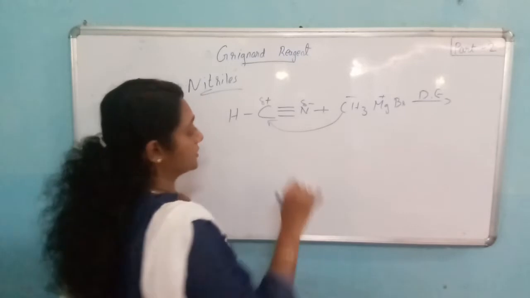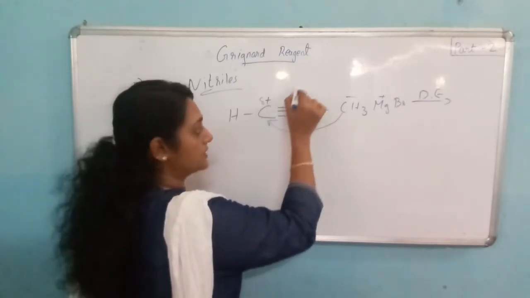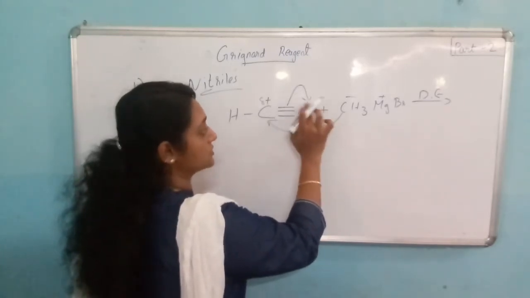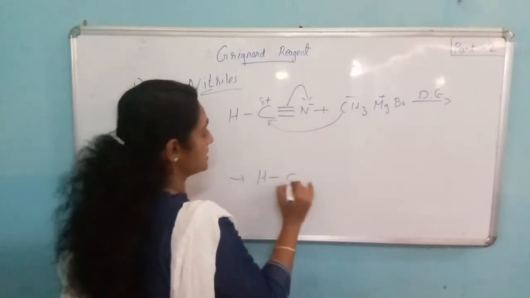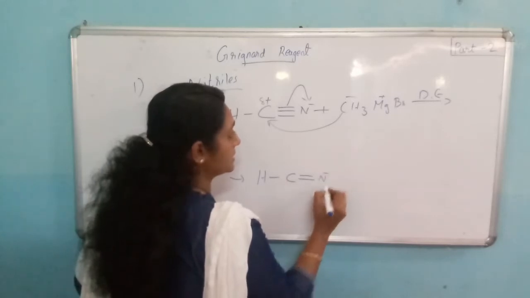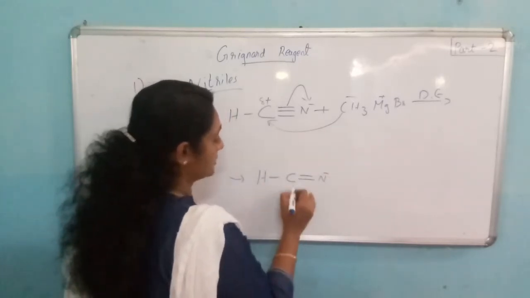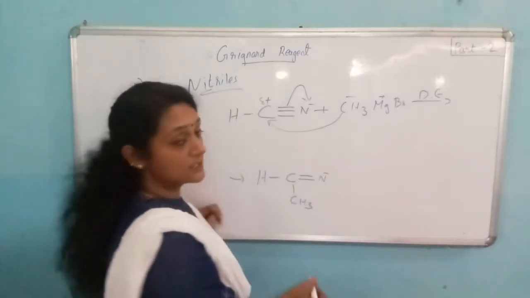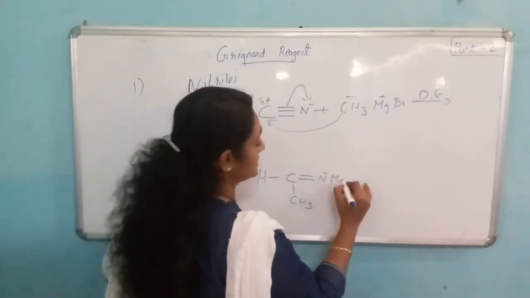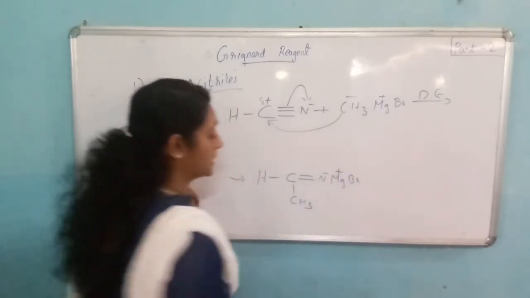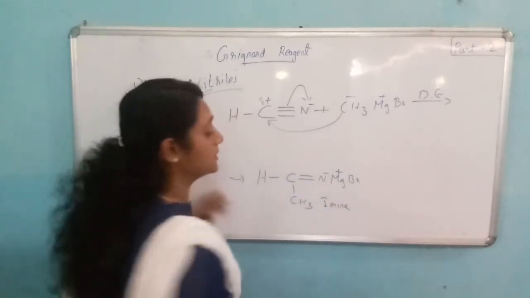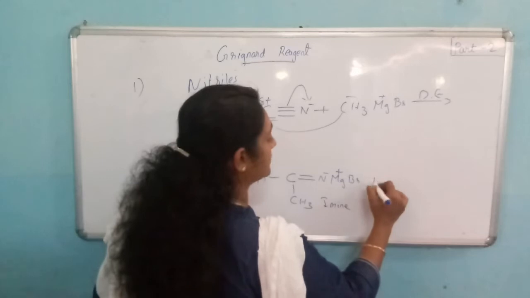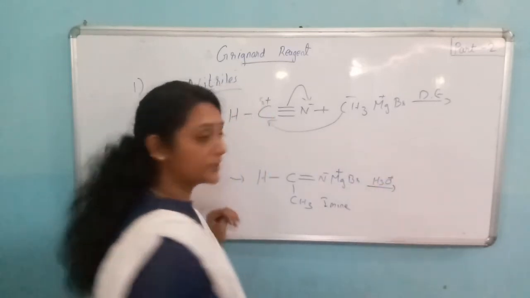CH3 minus comes and attacks on carbon, the bond completely shifts to nitrogen, therefore nitrogen gets a negative charge. Then the product will be HC double bond N minus, and the CH3 comes on here, and the N minus attracts MgBr. This is the imine intermediate, and on further acid hydrolysis, water addition takes place.